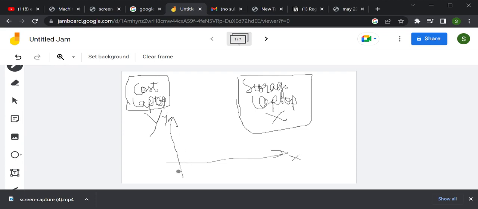Now when the cost of laptop is low, the storage of laptop would be less. Okay, and when the cost will increase, the storage will also increase. So somehow we will get a regression, that is, if we make a line here, this line is a linear line and we call it linear regression.